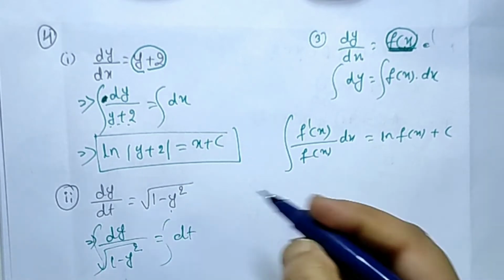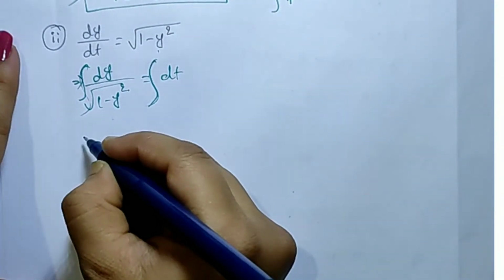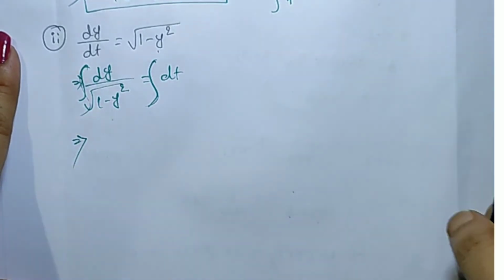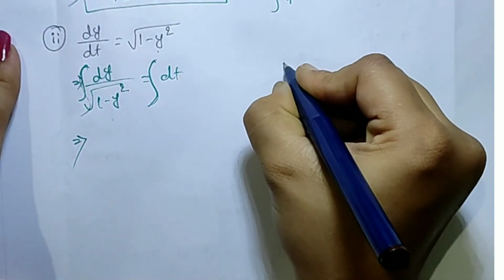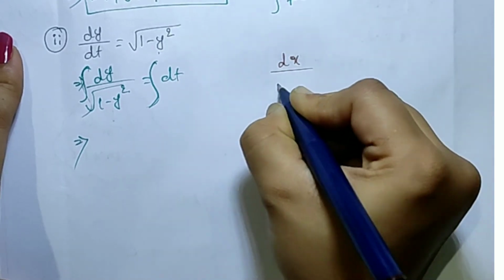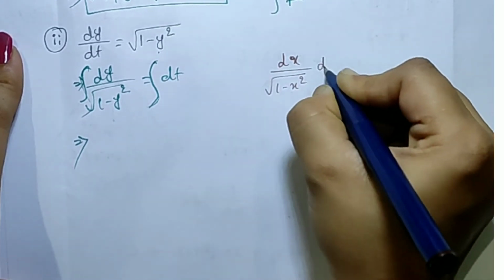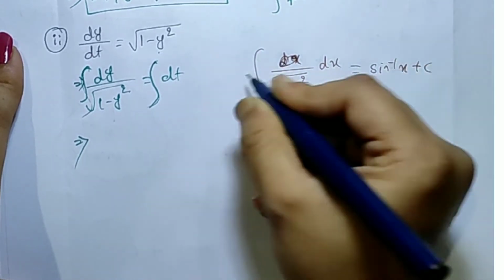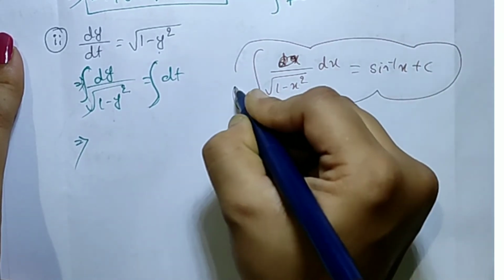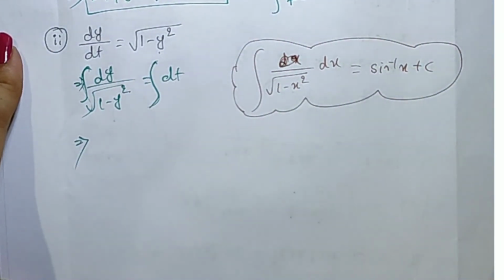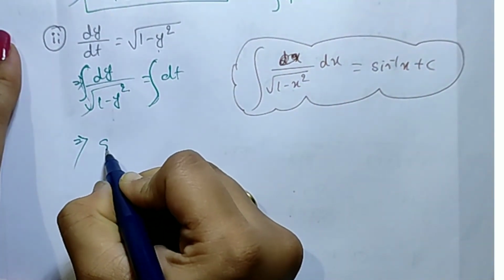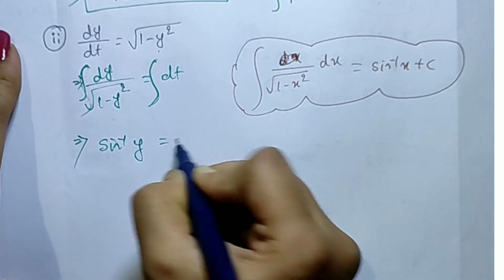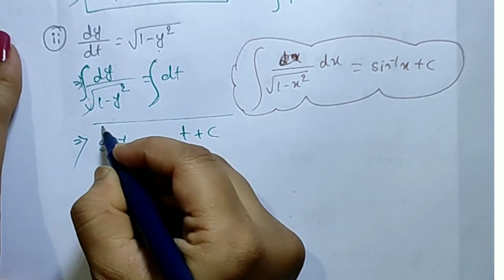Now integrating both sides, we know the formula: the integration of 1 by root of 1 minus x square dx is sin inverse x plus c. This is the formula that we know. So we can write it as sin inverse of y is equal to t plus c. This is our general solution.